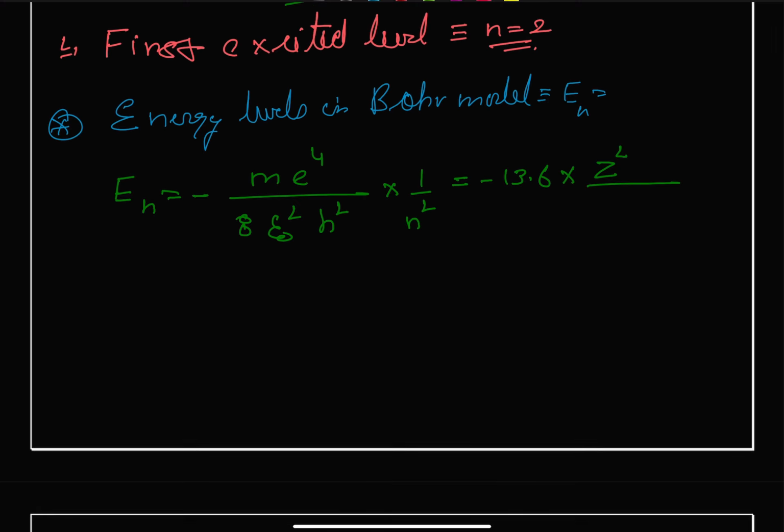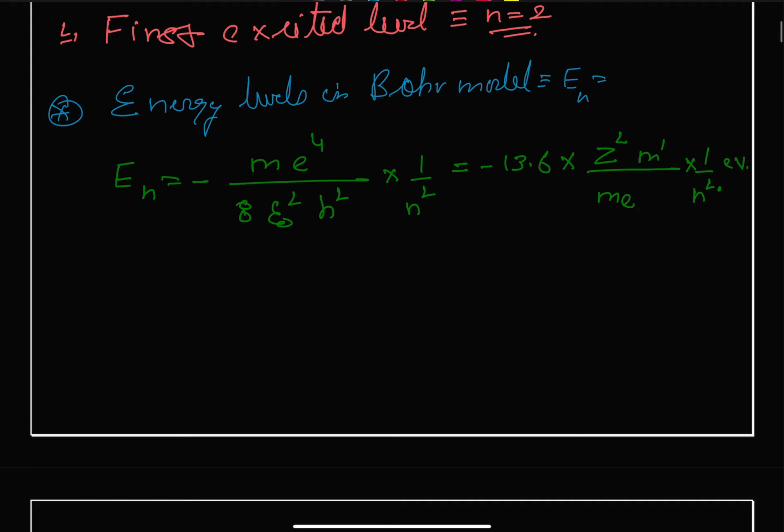So this comes as multiplied by m prime and divided by our mass of electron and into 1 upon n square, and this energy is in electron volt.